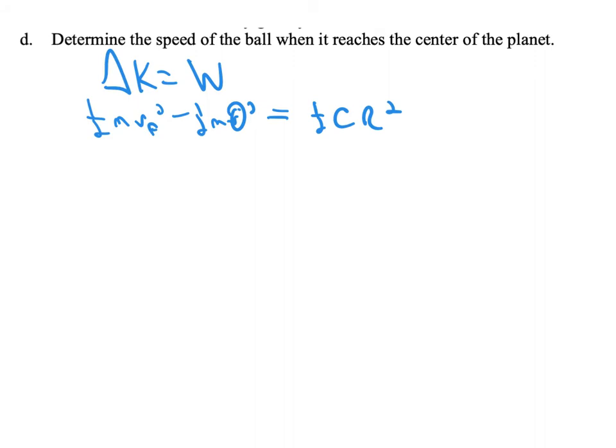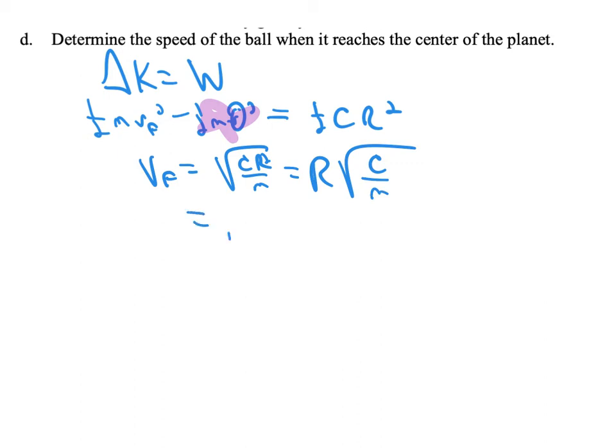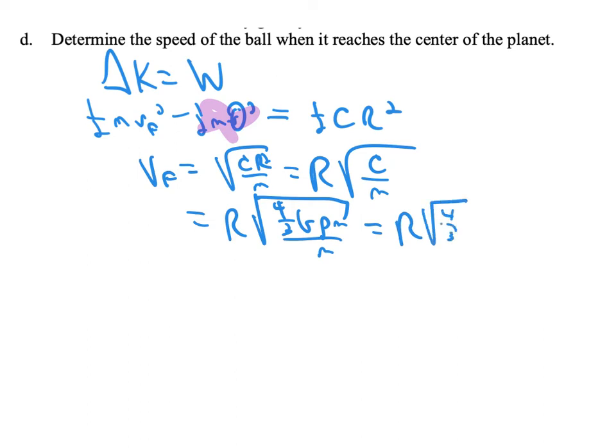We can get rid of the m's, the 2's cancel, and we have v_f equals the square root of C R squared over m, or R times the root of C over m, which you may or may not want to plug in. The rubric says you can leave it, so feel free to leave it. But if you don't want to, you could put the 4/3 pi G rho m all over m, and we get the square root of 4/3 pi G rho, all times R.